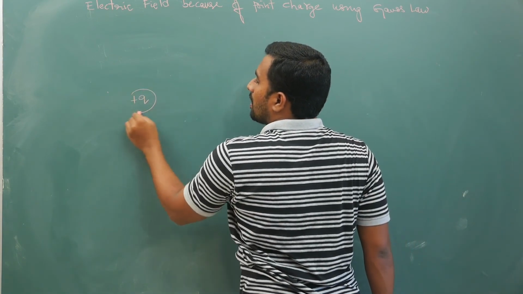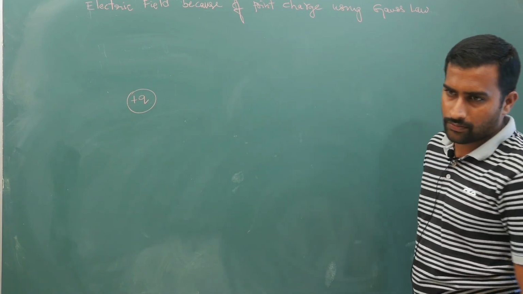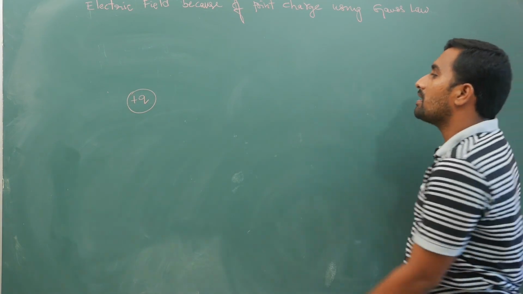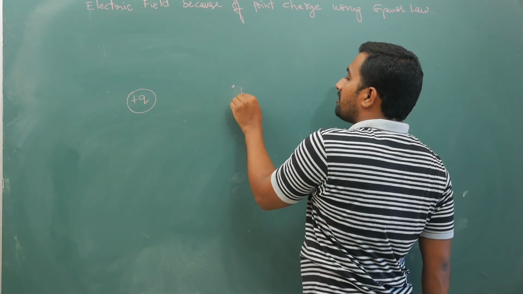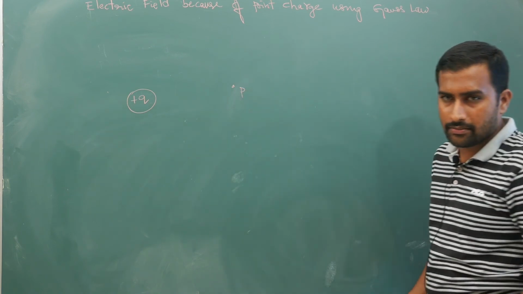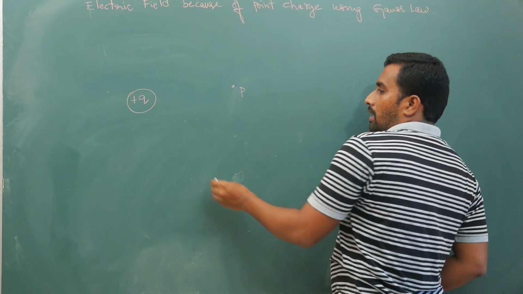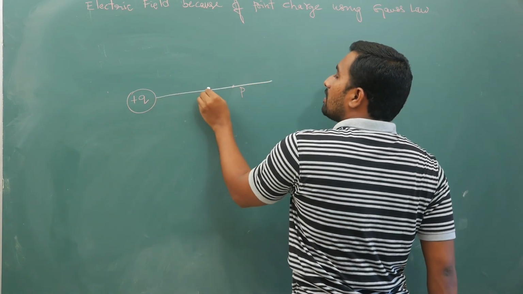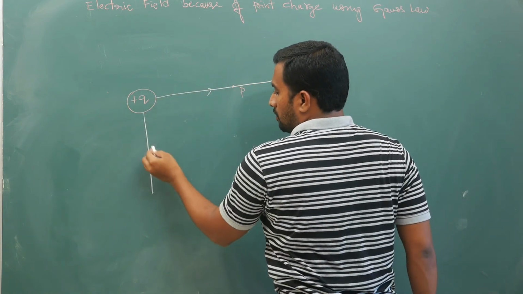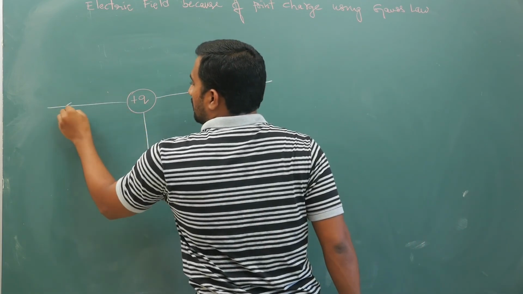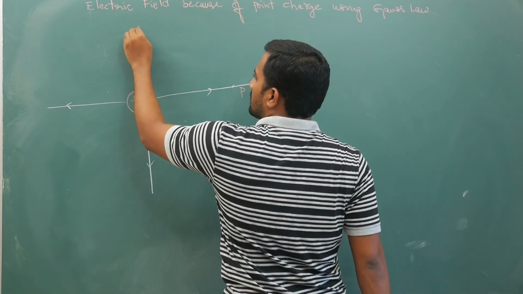Now let us say you have a positive charge plus Q. Now somewhere here you are trying to calculate field. Let us say this is some point P. Now if you observe this figure carefully, your field lines will be away like this. It will be downwards here, it will be here, it will be like this.